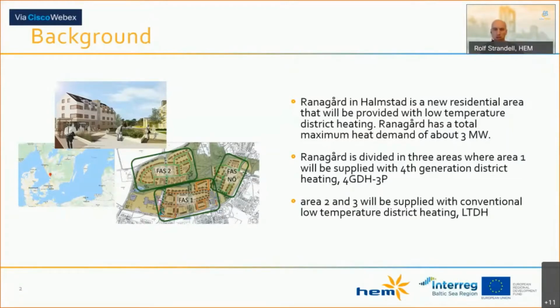So we divided this area into 3 main areas. Phase 1, as you see, is the one where we will try to use this 3-pipe solution, and phase 2 and the other one on the right, we're going to try the 2-pipe low temperature district heating.